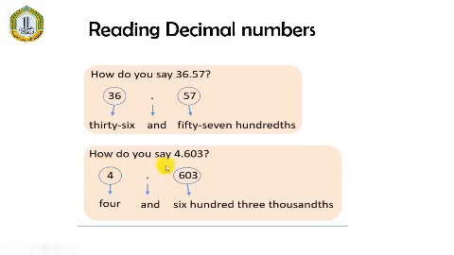How do you say 4.603? It is 4 and 603 thousandths, since the last digit 3 is found in the thousandths digit.